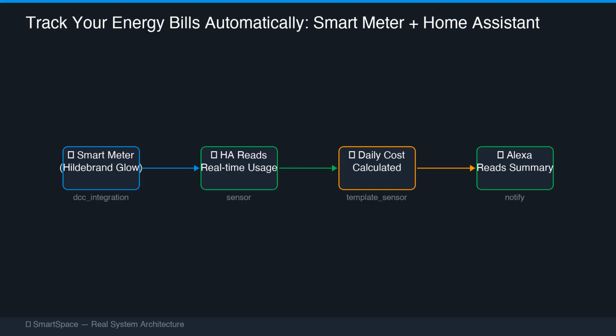We also need to handle the output gracefully. If you have 6 Alexa devices like I do, you do not want every single one shouting at you about the electricity bill. I target the announcement to a specific media_player entity using the Alexa_media_player integration, but I ensure input_boolean.do_not_disturb is not active.